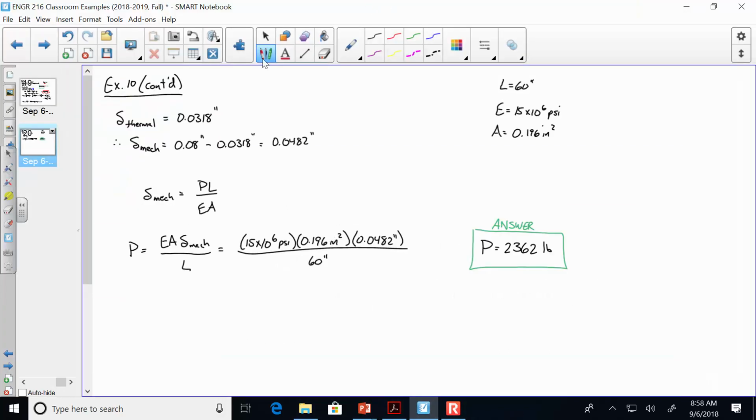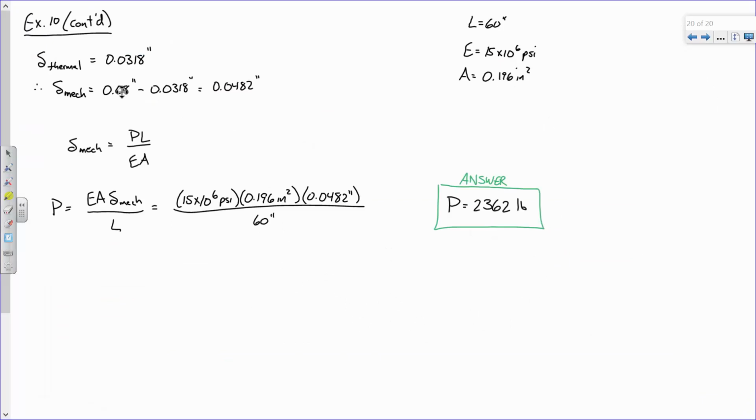Let's say check elastic behavior. I propose that whenever we have to check whether something is behaving elastically, we look at its stress and see how it compares with the yield stress.